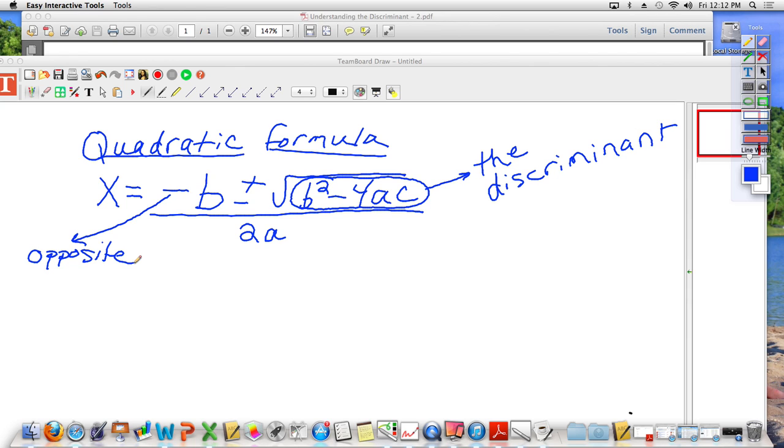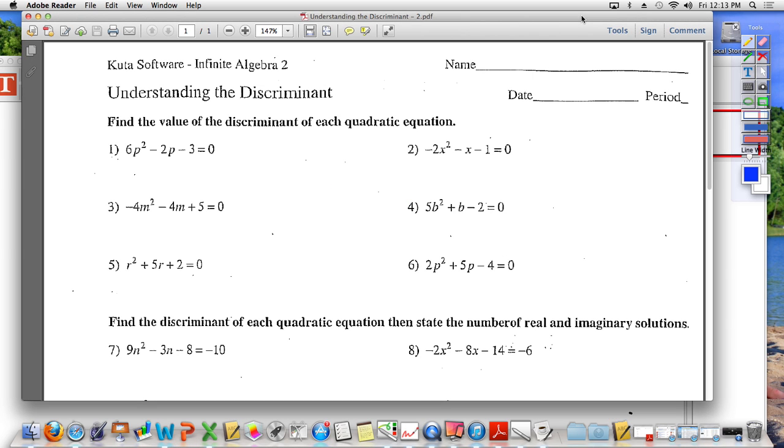Now look at your discriminant value from problem number 1 from that paper. I'm going to use x instead of p: 6x squared minus 2x minus 3. Let's get that in our notes.